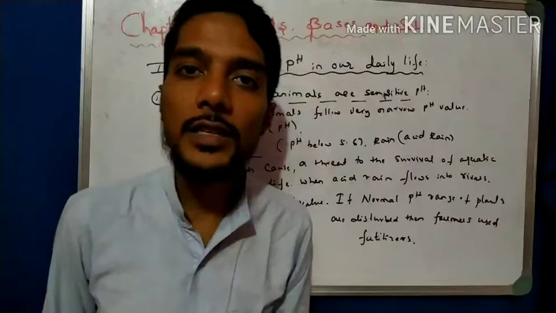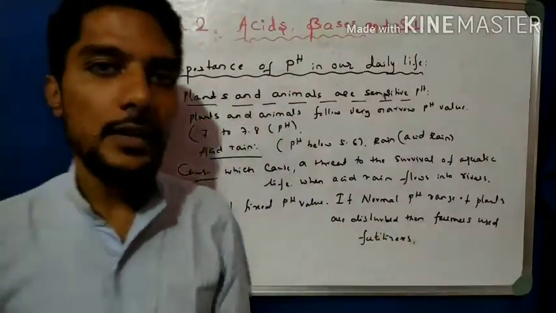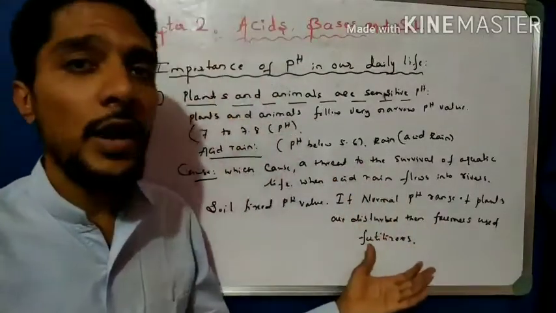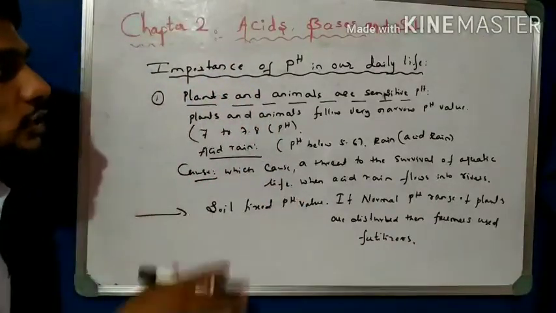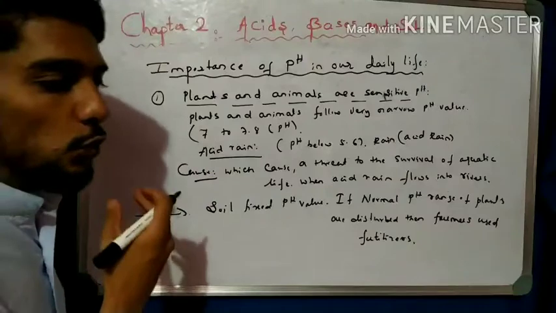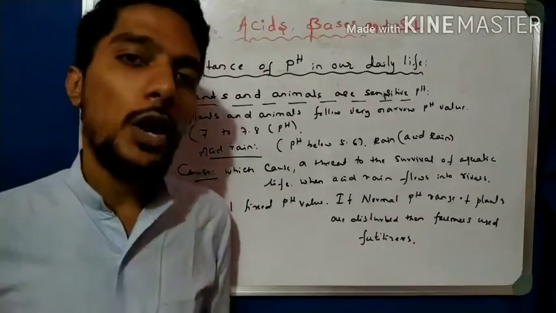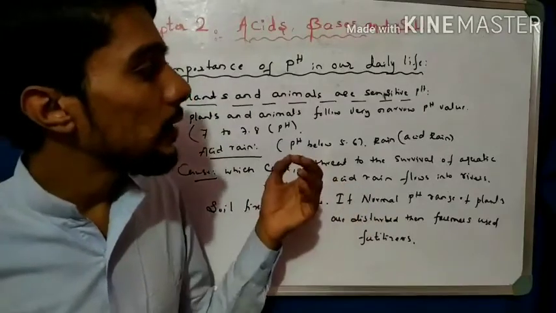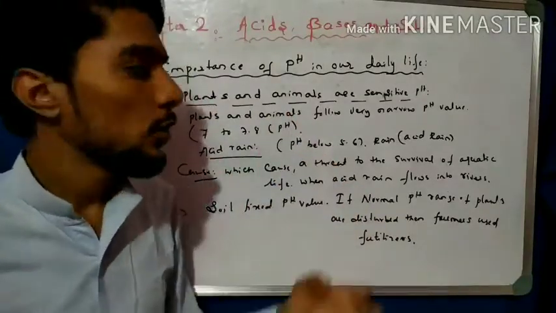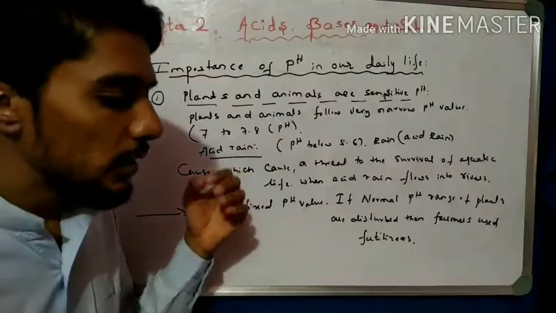They use fertilizers to regain the soil pH. So this is one importance of pH value in daily life. To maintain the pH value of water, you have to maintain the pH value of soil, then you get a clean and fit ecosystem. So that is the importance of pH in daily life.